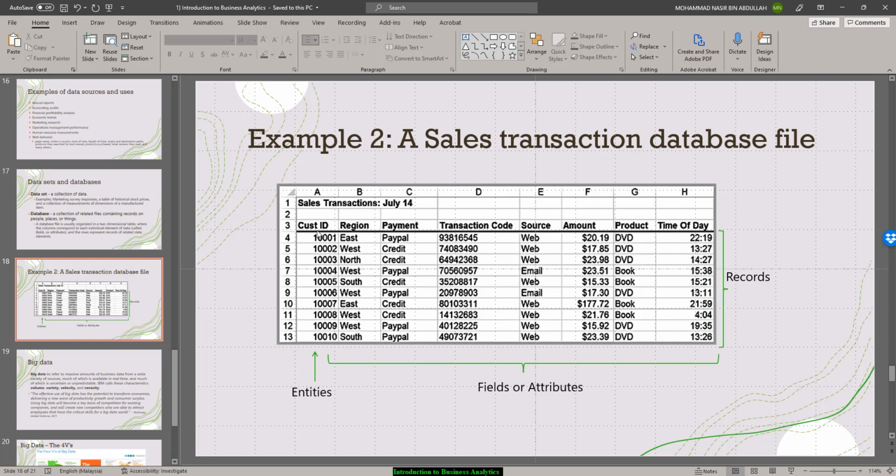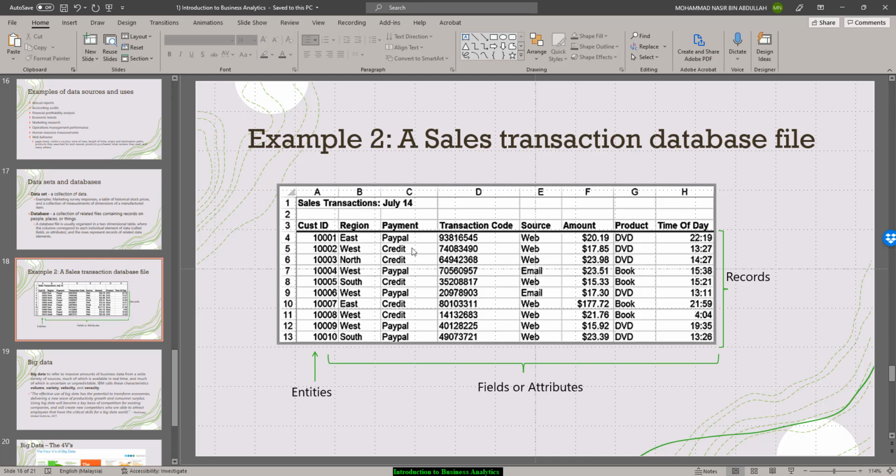For example, customer ID, region, payment, transaction code, source, amount, product, time of day. Ini dipanggil variable ataupun attribute ataupun features. Tengok kebanyakan buku dia menggunakan nama-nama yang berbeza, tapi pada objek yang sama. Boleh faham?